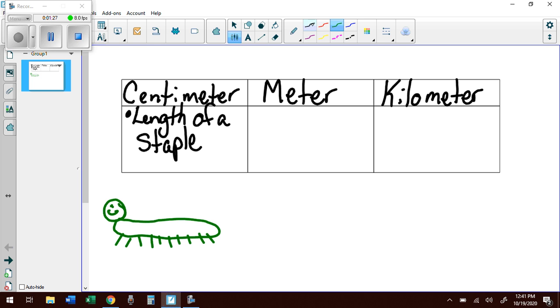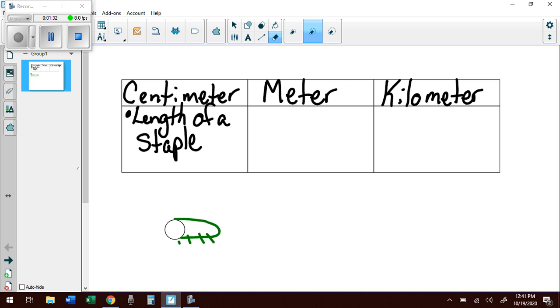Neither is a centimeter. It's used to measure really small things like staples or fingernails or pieces of pencil lead. It's not very big stuff at all. Words in a book. Think about very small things, and that's what you would measure with centimeters.